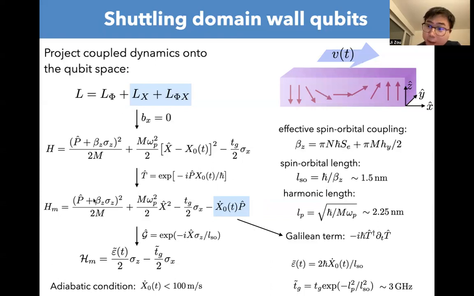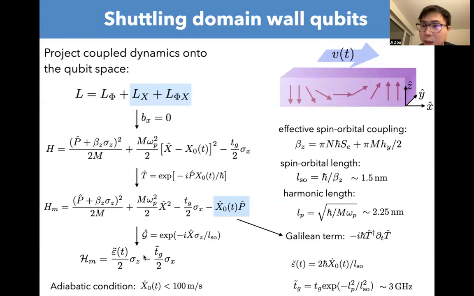Okay, still we have this spin orbital coupling. To see the effect of this coupling, we perform a gauge transformation, which is basically a spin-dependent displacement within the momentum space, right? And then we project the whole dynamics of the spatial degrees of freedom onto its ground state.